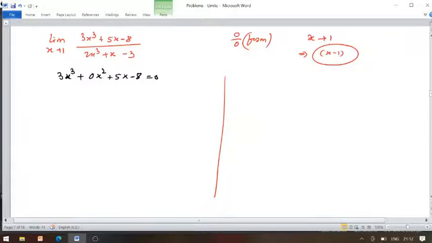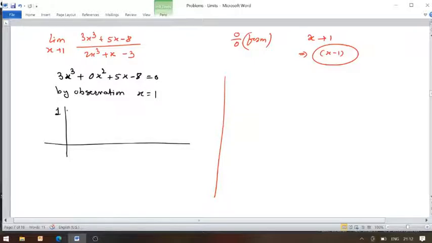By observation, since x tends to 1, x minus 1 tends to 0, so x minus 1 is one of the factors of numerator as well as denominator. So the root is x equals 1. The remaining roots or factors can be found using synthetic division.